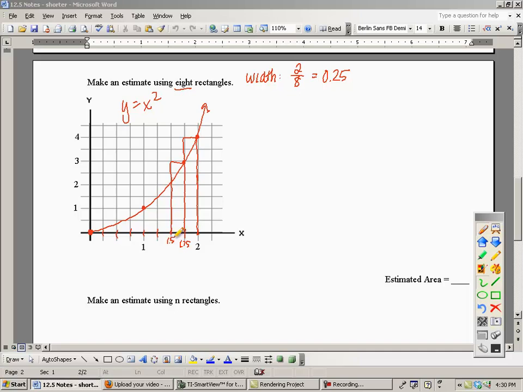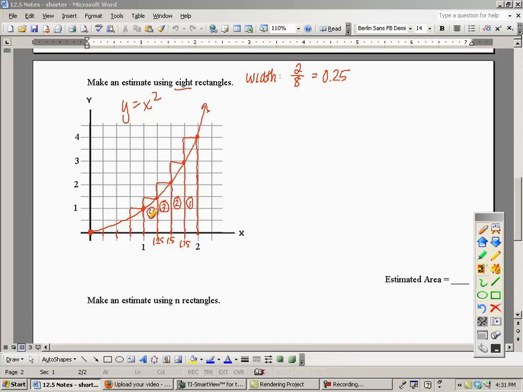So my next rectangle, so here's rectangle 1, 2, and I think it's going to help to label it. At 1.5, I go up to where it hits my graph, and then I go over to the next line and bring it down. That's going to be rectangle 3. The next value is at 1.25, so I go to where it hits my graph, and I go over to the next line. And at 1, I go to where it hits my graph, and I go over to the next line.